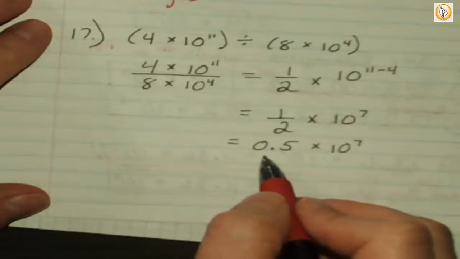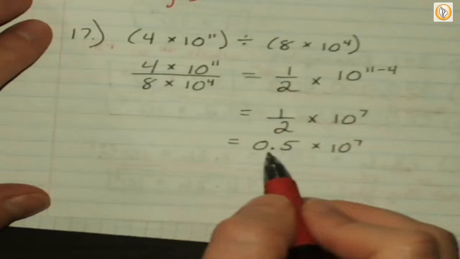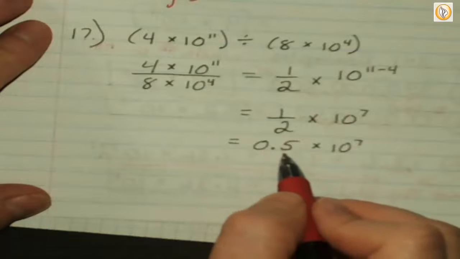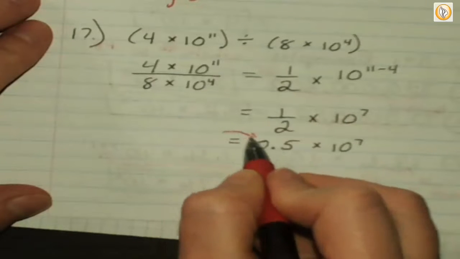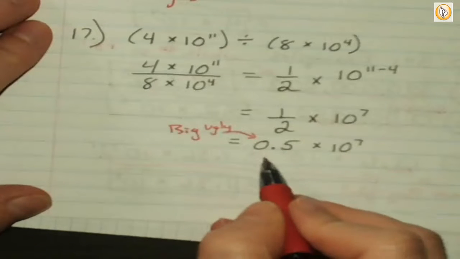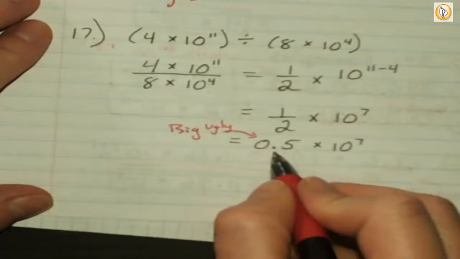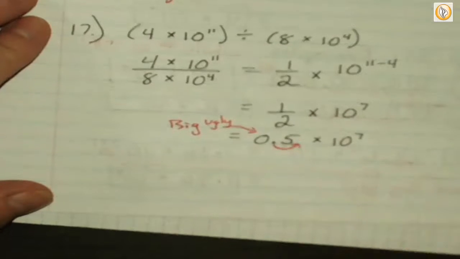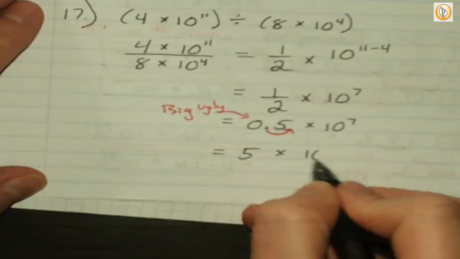So I need to move it, right? Move the decimal. Is this a regular whole number or is that a big ugly? 0.5? Oh, sorry. Big ugly. It's a total decimal. So which direction do I move the decimal? Right. So then I have 5 times 10.